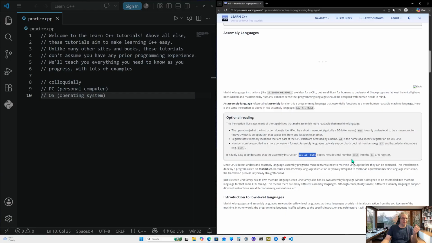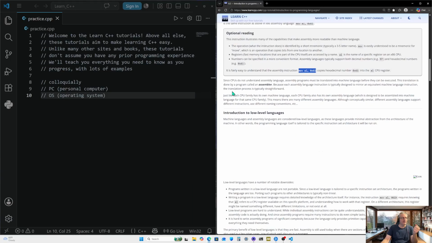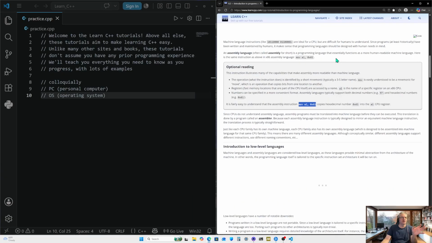Copy hexadecimal number such and such into an AL CPU register. Okay, so I don't fully understand what I just read there. I know that it's telling me, trying to explain to me, what this line of code right here would be. But since I haven't studied it very well, it's pretty new to me, and even reading this little part right here doesn't fully make sense to me.